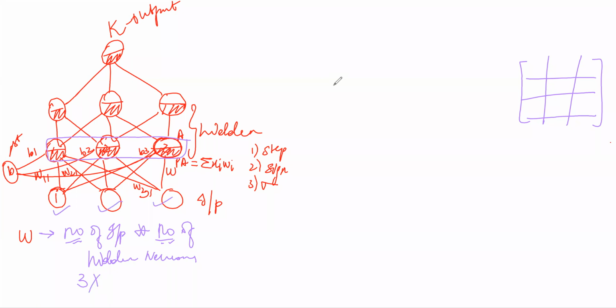What is the total number of hidden neurons? 3. I get 9 weights for one particular layer of 3 neurons. Suppose I have 100 neurons in the hidden layer and the input layer is 100. How much will I have? 100 cross 100 will be the total number of weights for that particular layer.